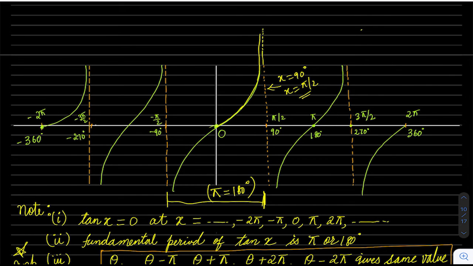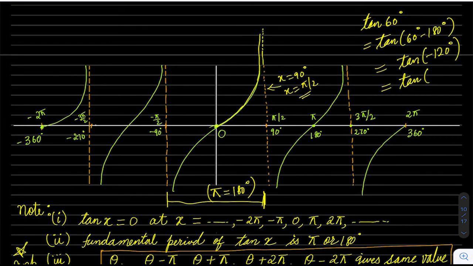Let me give you a very simple example. Let's say I have tan 60 degrees. Tan 60 degrees will be the same as tan of 60 minus 180. I don't have to think about why it will be the same, because 180 is the period. I can go left one period or right one period, and it will not change the value. When you go right, 60 plus 180 is tan of 240 degrees.